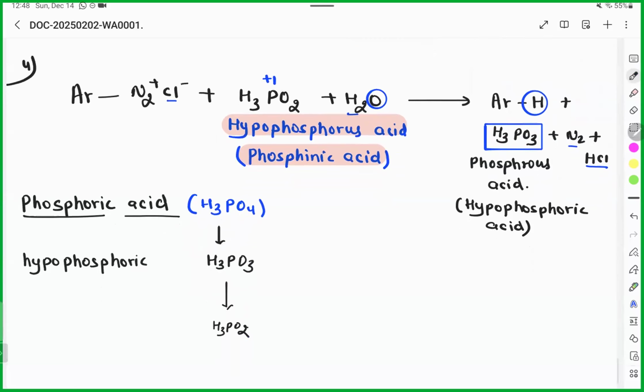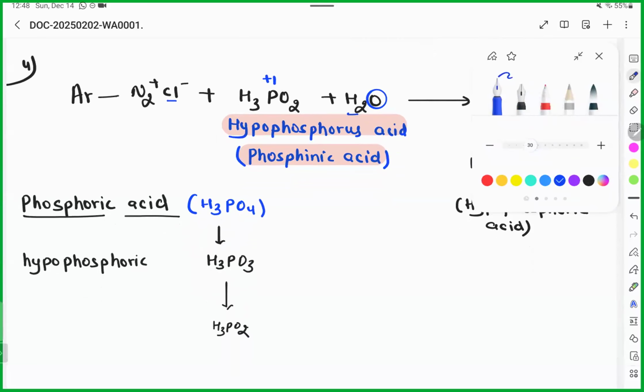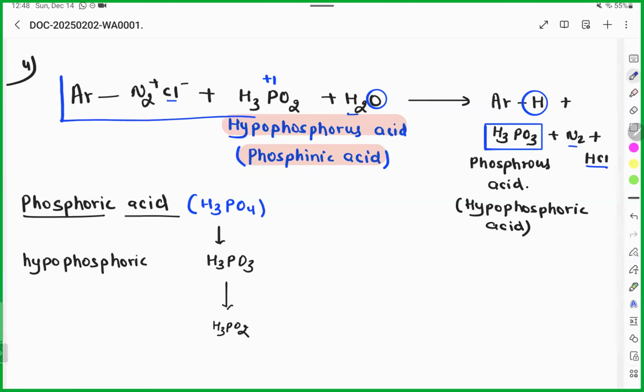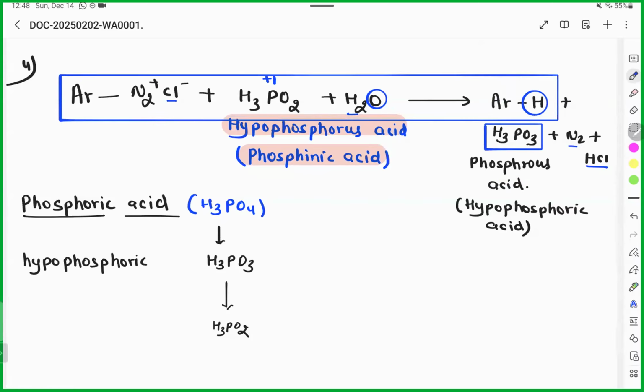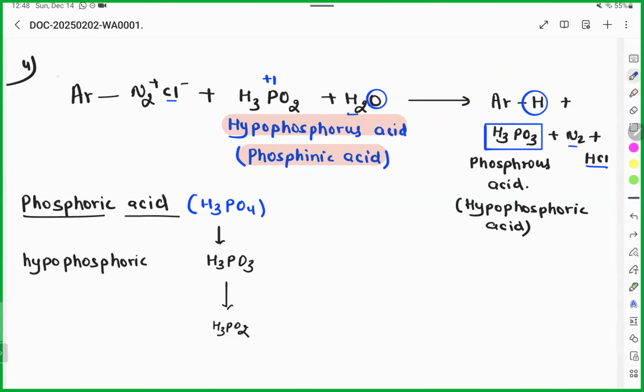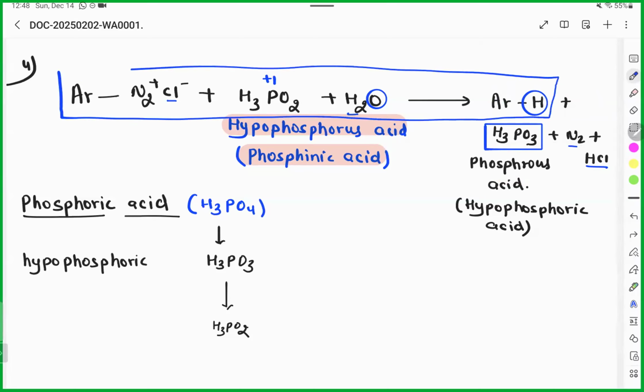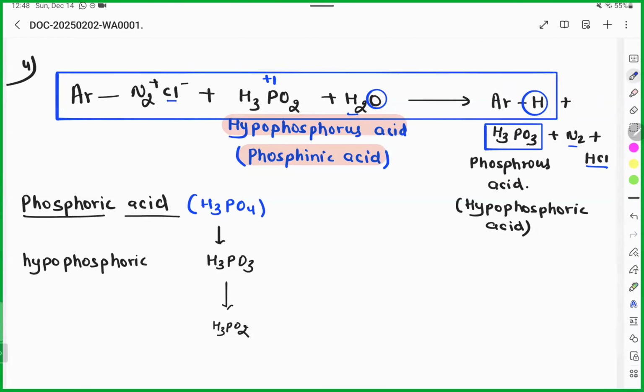This reaction is very popular, where diazonium salt in hypophosphorus acid will form a simple benzene ring. Correct?